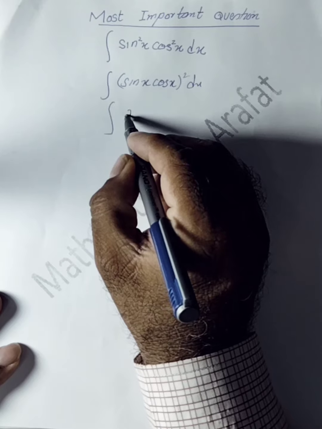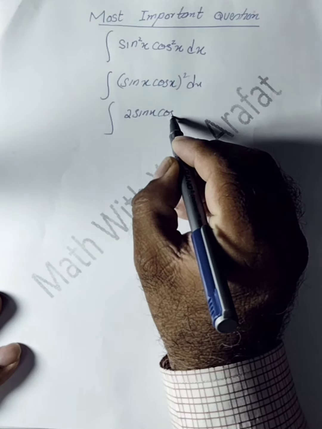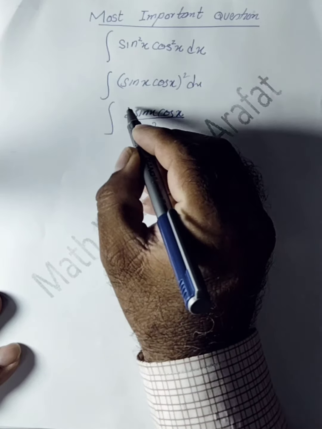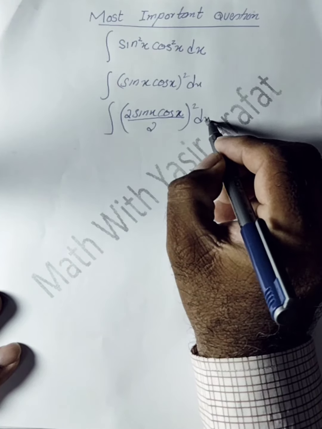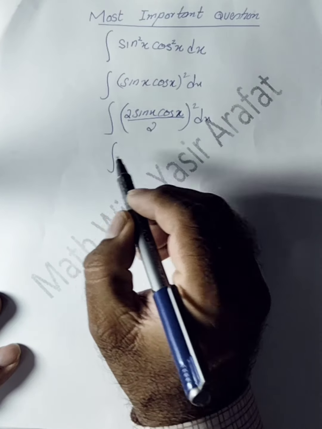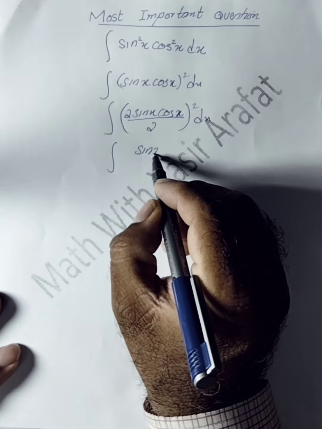If we multiply by 2 and divide by 2, we get (2 sin x cos x) in the square. Now 2 sin x cos x becomes the formula sin 2x.